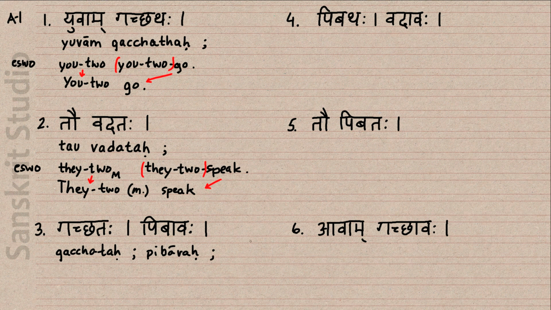We have two sentences like that, and so once again we have a third person, taha, at the end there, as in number 2, but now we don't have any pronoun. So now we can only write they two go.